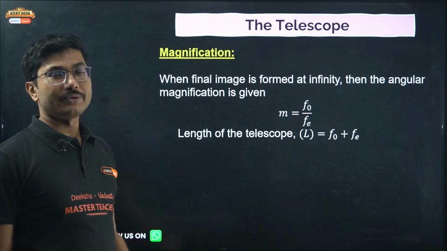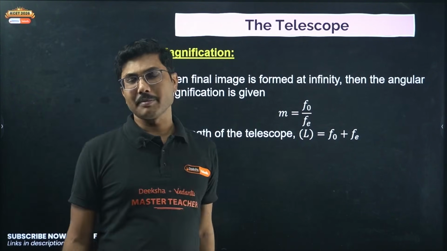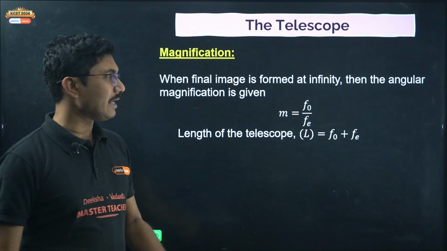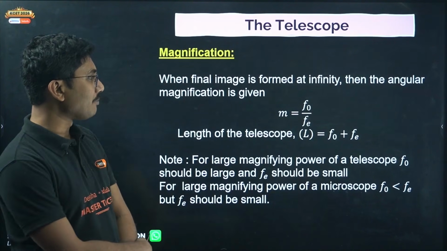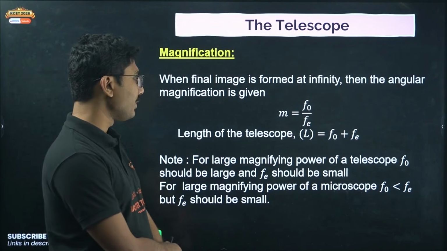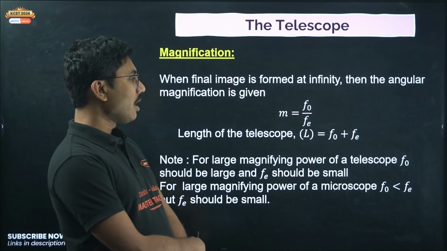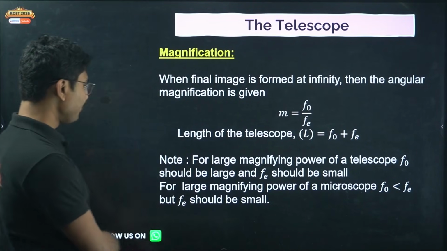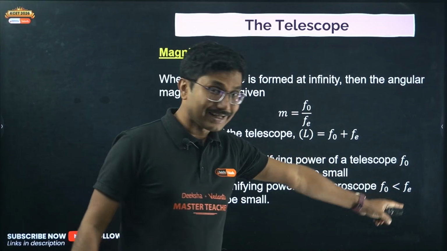Now the length of the telescope is also important. The length of the telescope is given by simply adding FO and FE. Okay, note, for larger magnifying power of a telescope, FO should be large and FE should be small. For a microscope, for large magnifying power, FO is less than FE.